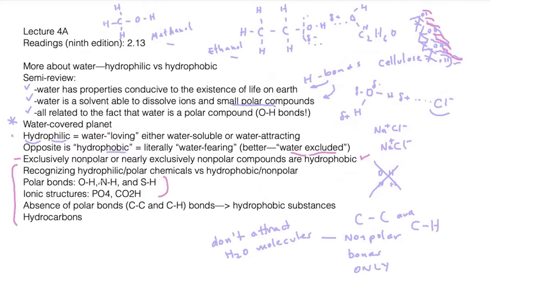Not only do we have OHs and NHs, SH, sulfur, actually has very similar properties to oxygen, and so a sulfhydryl group, SH, would be delta negative on the S side, delta positive on the H side, similarly to how you have polarity in water and in OH groups, right?